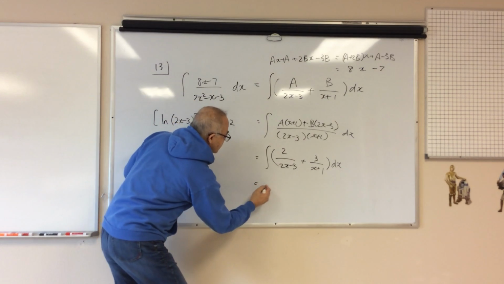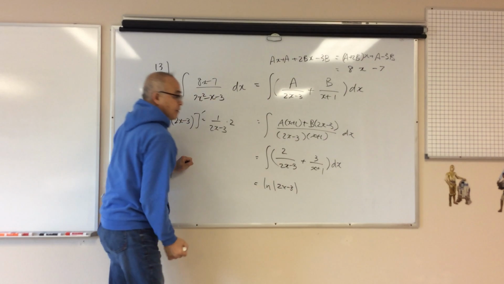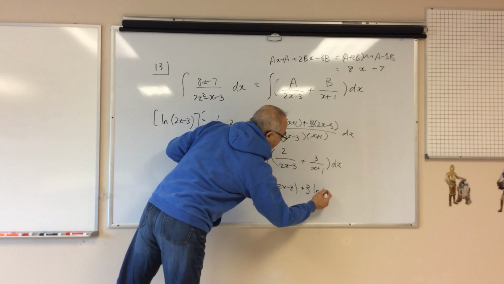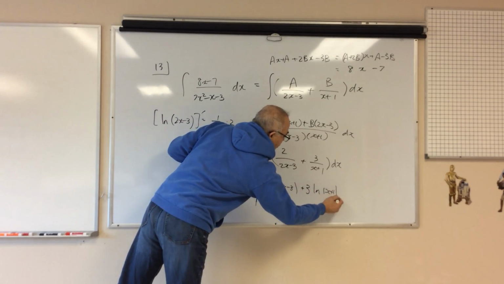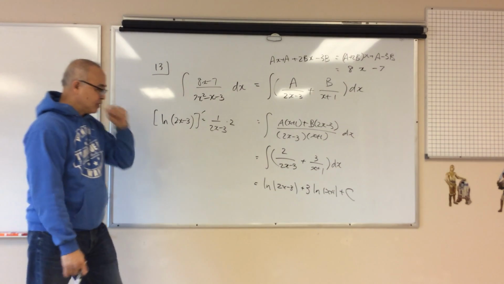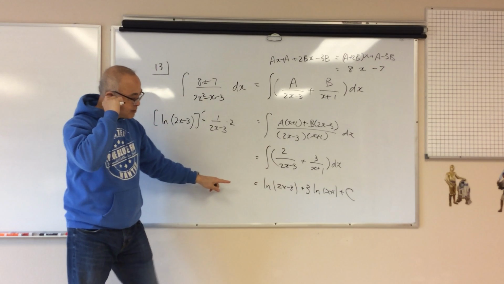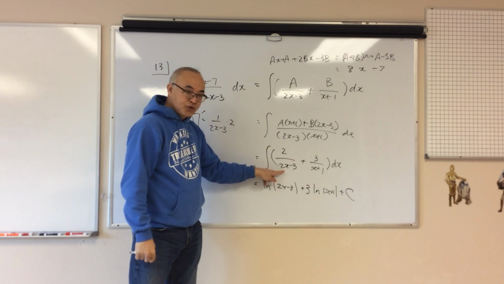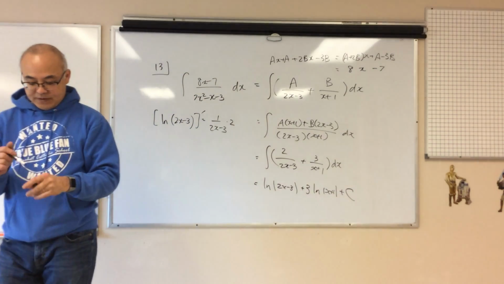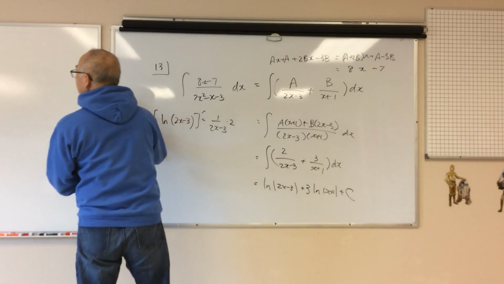So this just becomes natural log of 2x minus 3 plus 3 natural log of x plus 1 plus c. The reason that happens is because you have a 2 in front of the x. I wanted to go over that so that you understand it. A little tricky there.